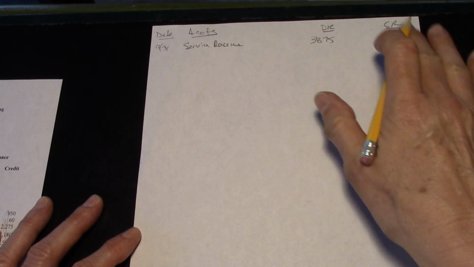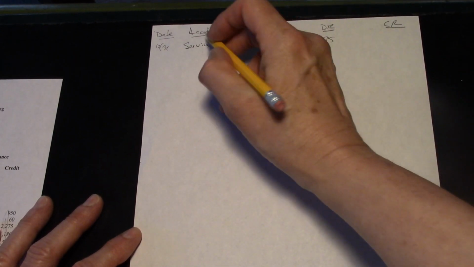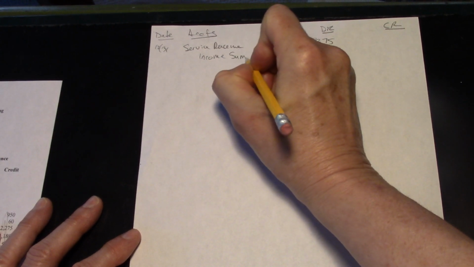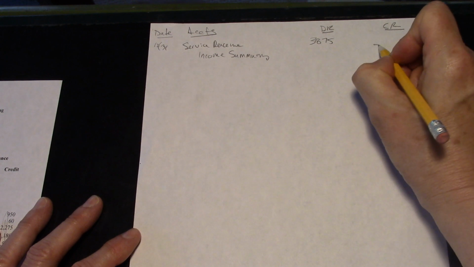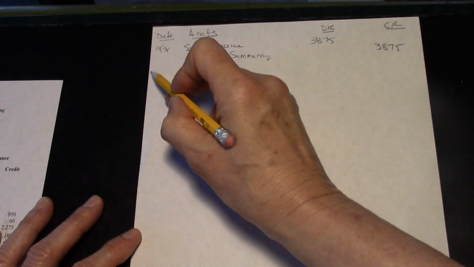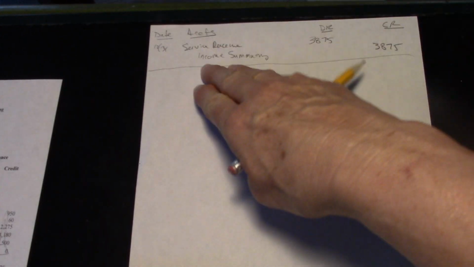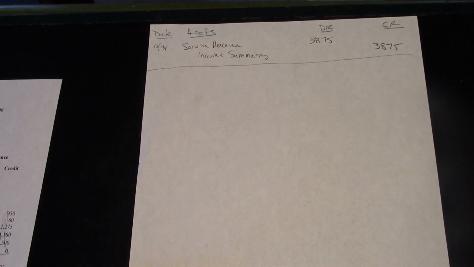And because debits always have to equal credits, we're going to credit that account I talked about, income summary. And there you go. Now service revenue would have a zero balance, and income summary would have a credit balance of $38.75.